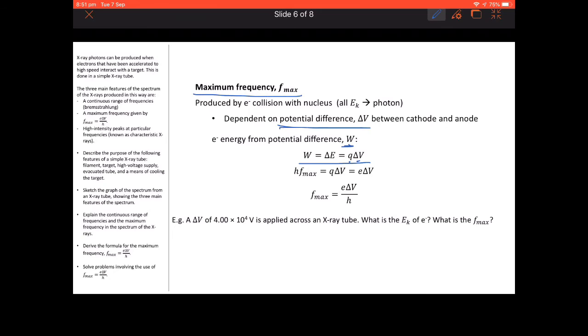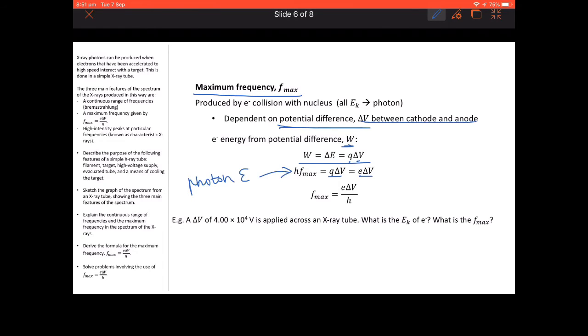So that energy from the potential difference is also equal to Planck's constant multiplied by the max frequency, which is the photon energy. That is equal to charge multiplied by potential difference, which in this situation is the charge on an electron multiplied by the potential difference between the cathode and the anode.